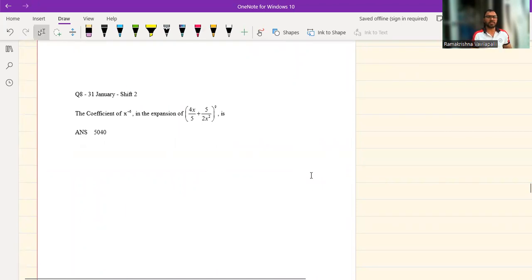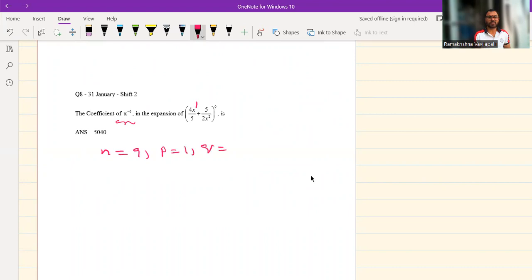Here is another simple and basic level question. Same model. They are asking what is the coefficient of x power minus 6 in this expansion. So I'm solving this question very fast. Here n equal to 9 and p equal to, here x power 1 is there, so it is 1.